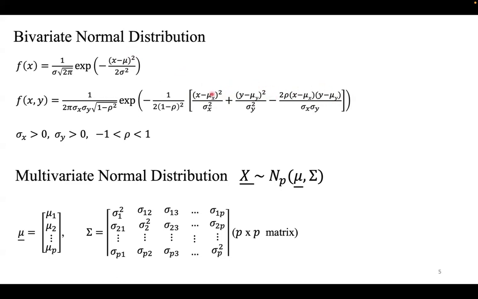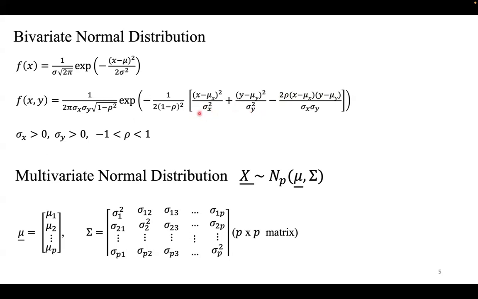Generally when you're dealing with whole squares, you have a square plus b square minus 2ab sort of a thing. So that is there here: 2 and then this thing. And there is another factor here, which is rho. If you remember from the previous week, this rho is actually the correlation coefficient, the Pearson's correlation coefficient. And we'll come to that in a minute.